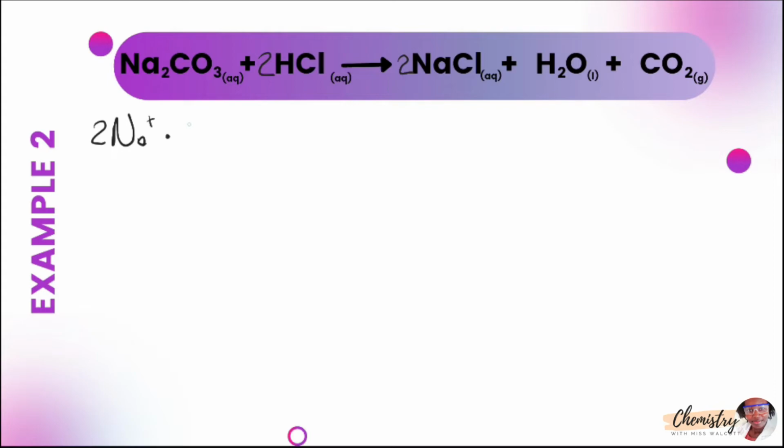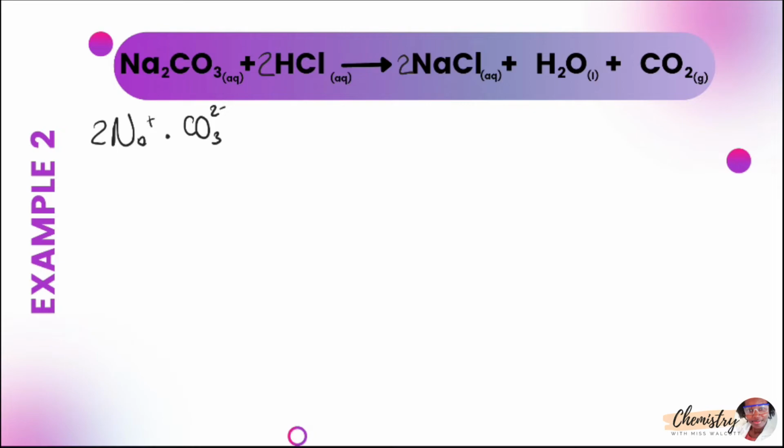And I have 1 carbonate ion. Remember the carbonate ion is CO3, so it doesn't mean that we have 3 of the carbonate ions. Look back at your list of polyatomic ions, and the carbonate ion is just CO3 2-.